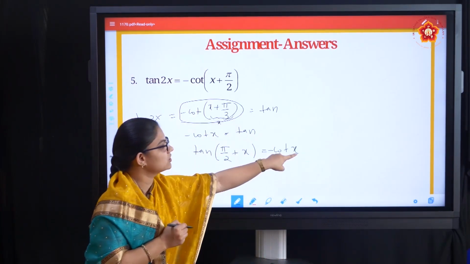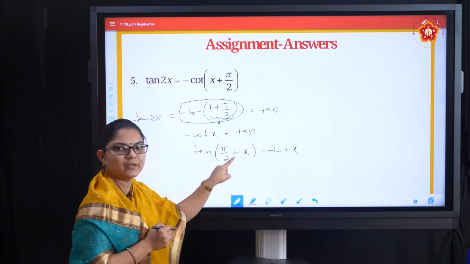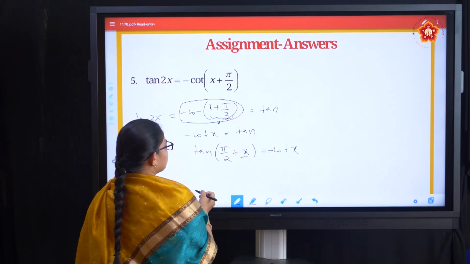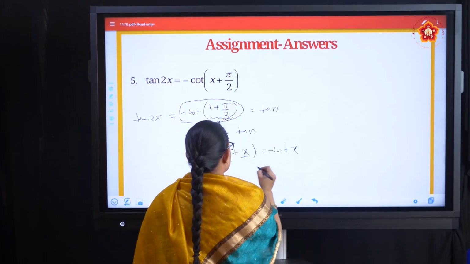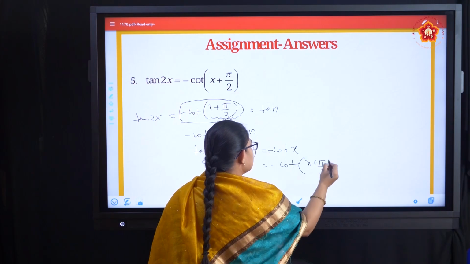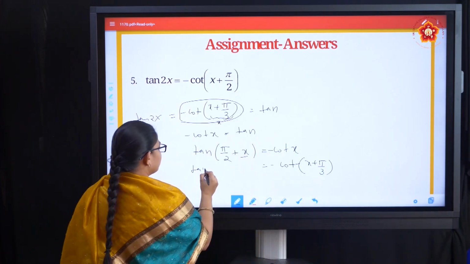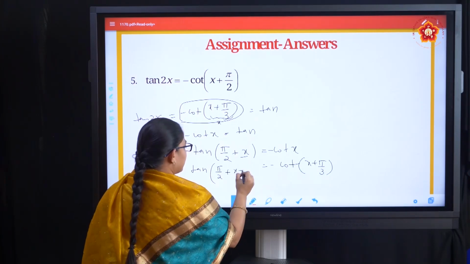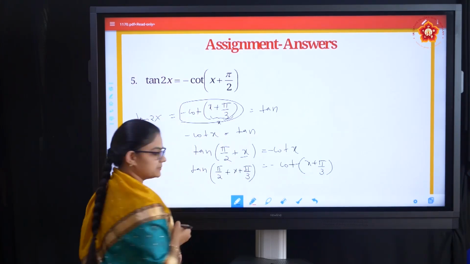So −cot x is nothing but tan of π/2 + x. So here what is x? x is x + π/3. Therefore we can write −cot(x + π/3) as tan(π/2 + x + π/3).